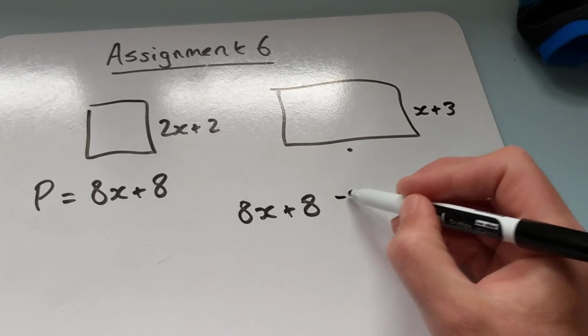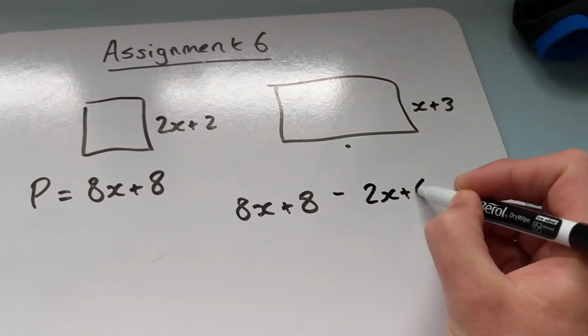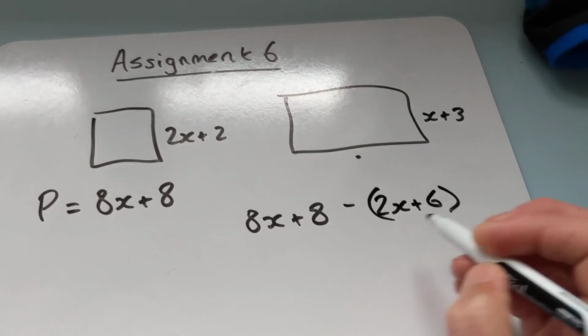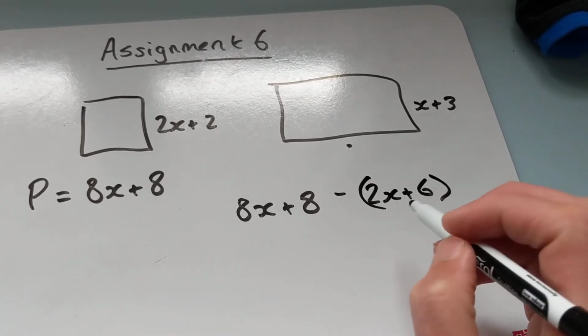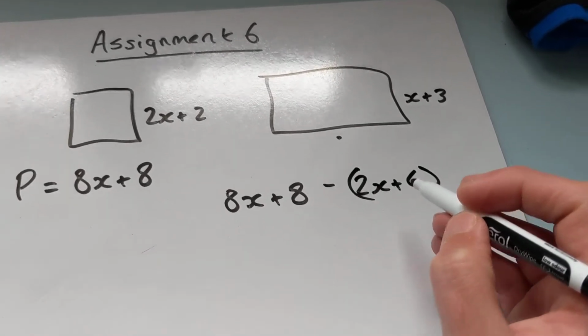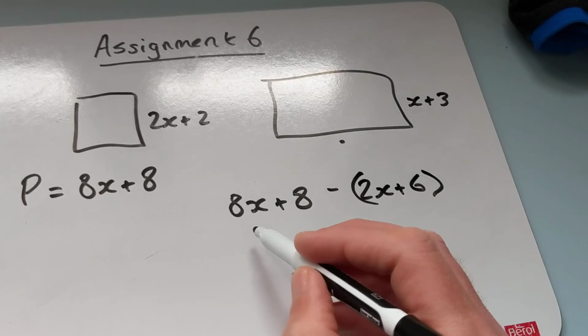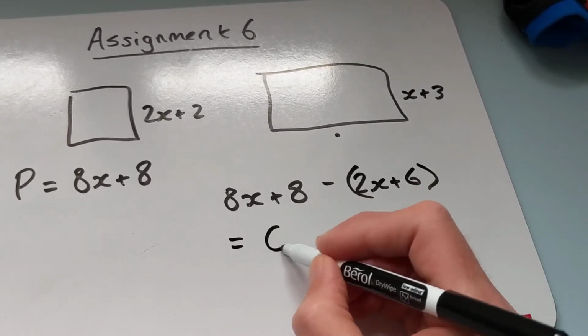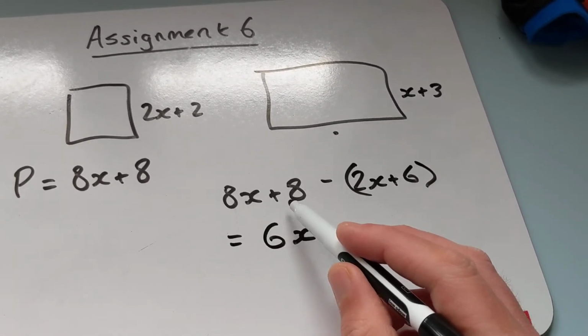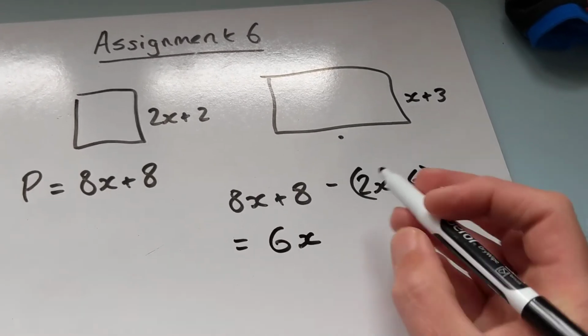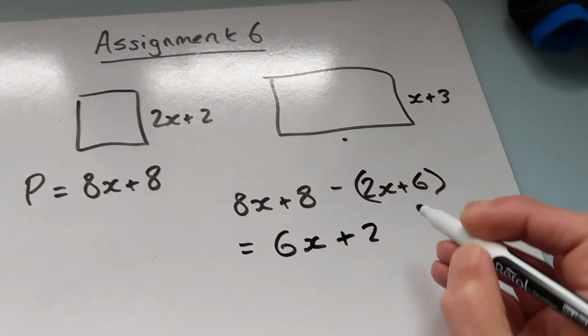So if we take away 2x plus 6, and notice the brackets I've put around there, if we take away that bunch of stuff, we'll be left with 8x take away 2x is 6x. Add 8, take away that 6 would be plus 2. So we're left with 6x plus 2.